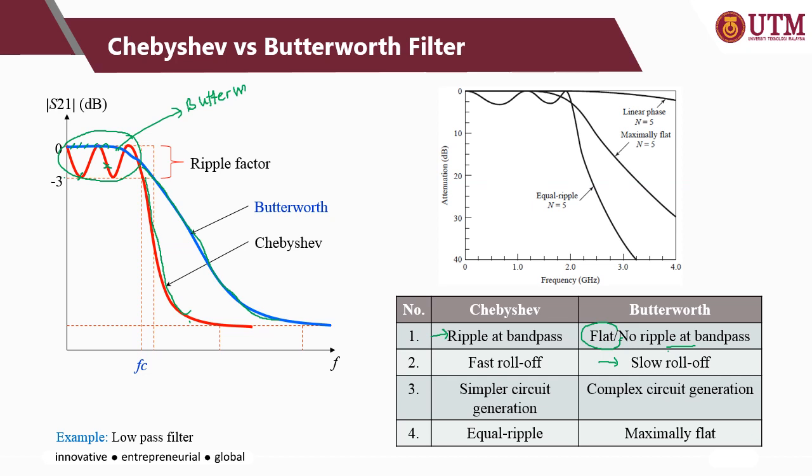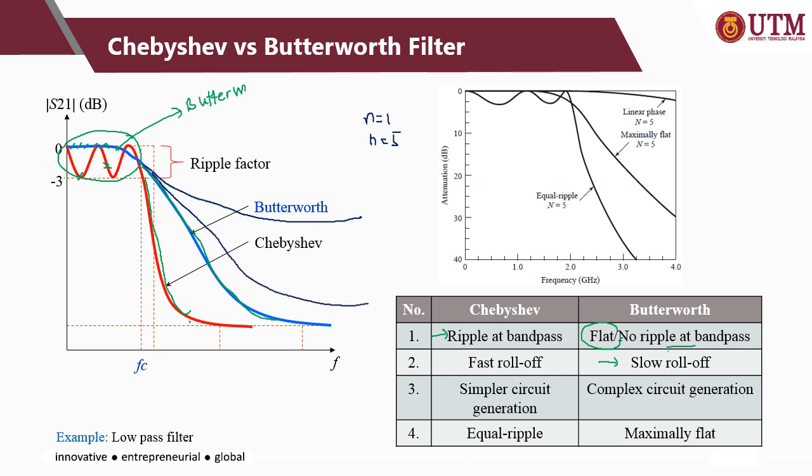And if you have a higher filter order number, then you'll have steeper lines. For example, n equal to 1 versus n equal to 5. If you have n equal to 1, the line will look something like this. But if you have n equal to 5, then you will have a steeper roll off.